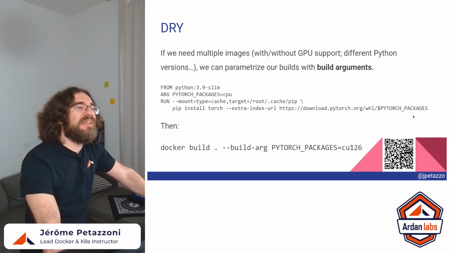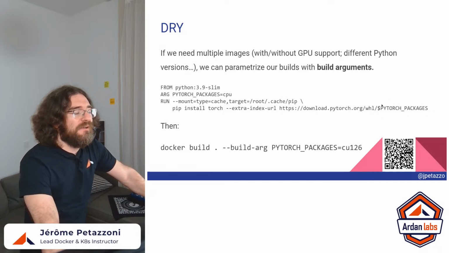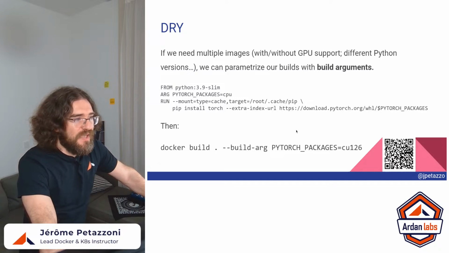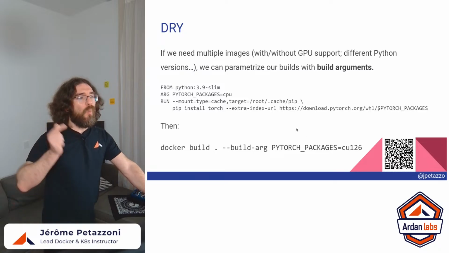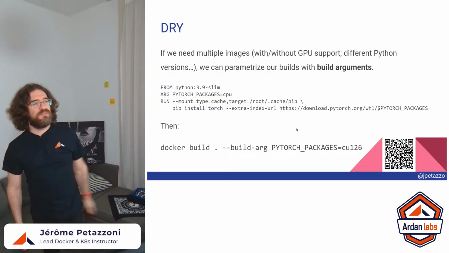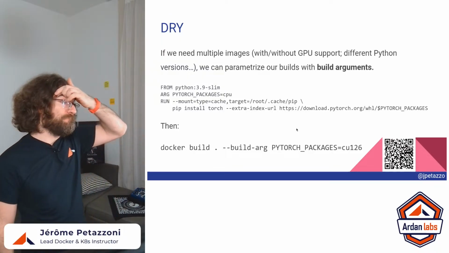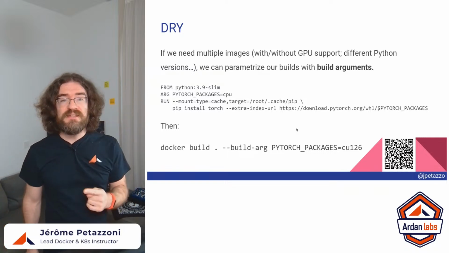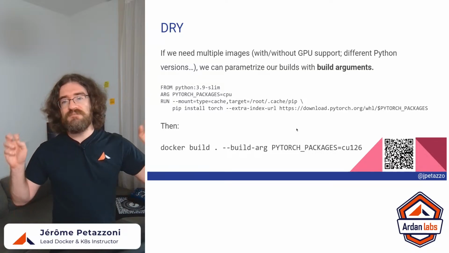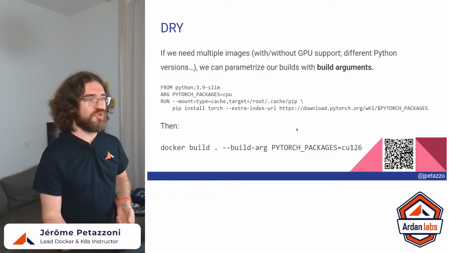It's going to be available at build time, and you can set it during the build. So basically with one command line argument, I can change the behavior of the build here.